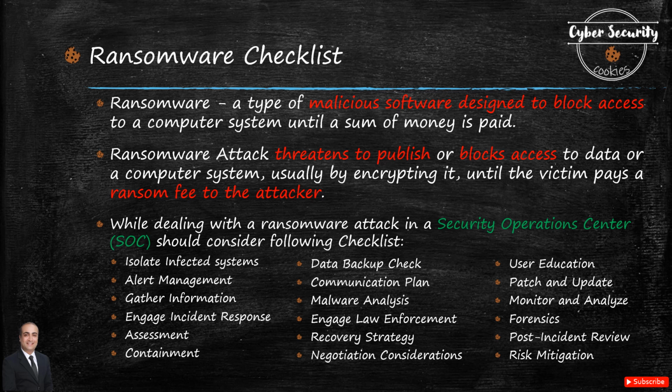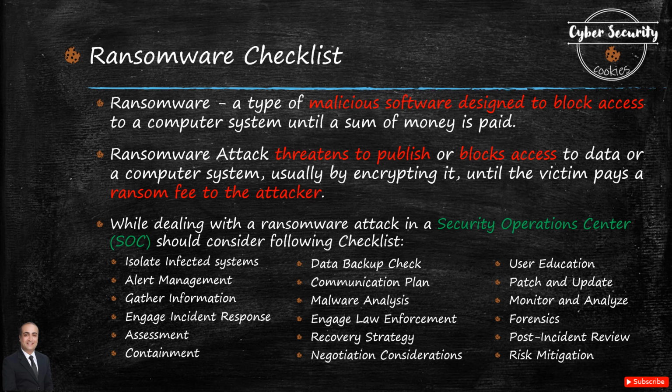So let's start. Ransomware is a kind of malicious software. The purpose is to block access, so they always try to make availability one of the issues. On top of that, they also want your data encrypted, and this ransomware usually works with an asymmetric key, wherein there's a key which is used to encrypt the data.